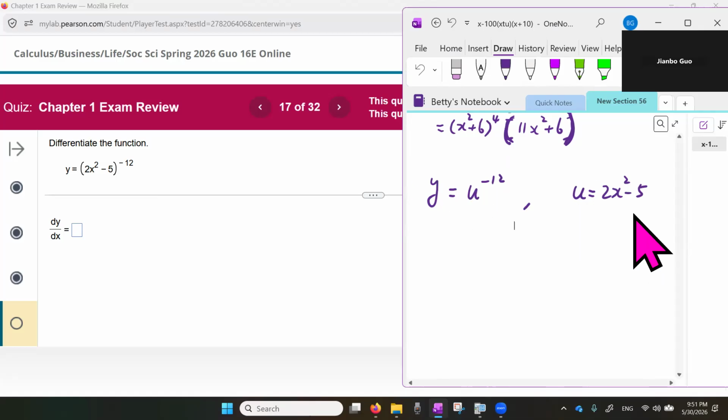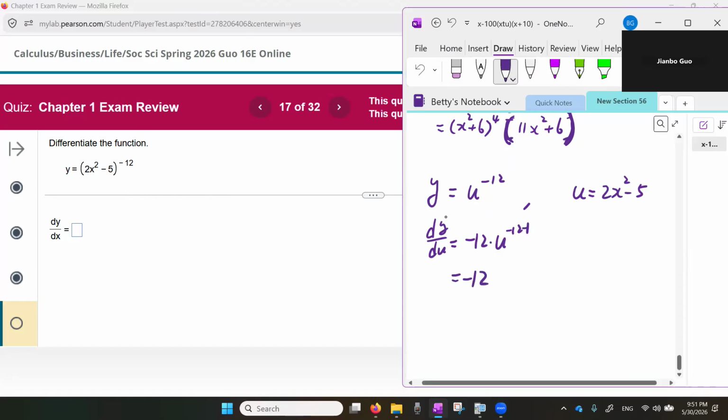Very important. You should always use the process I'm using to process the chain rule problem. And now we're going to find dy/du. Negative 12 times u to the power of negative 12 minus 1, so that gives negative 12 u to the power of negative 13. Then we find du/dx. 2 times 2x, negative 5 is constant, the derivative is 0, so it's 4x.